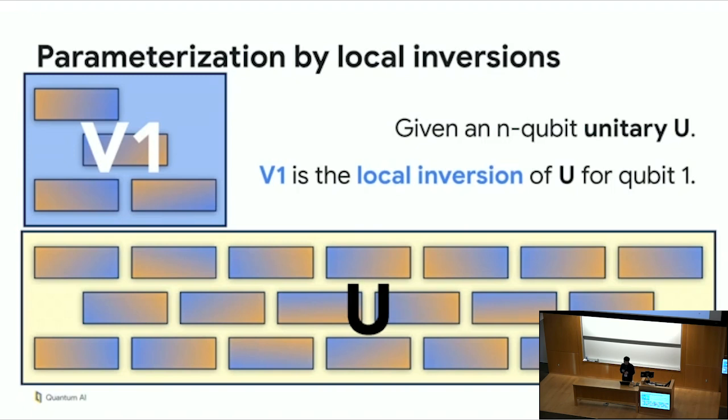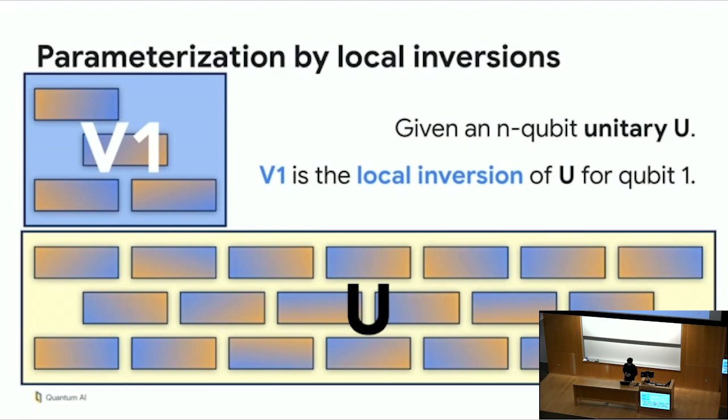Another important property that we're going to utilize here is that when the unitary U is a shallow quantum circuit, as shown here, it's not hard to see that there always exists a local inversion that only acts on a small number of qubits, like a small unitary, such that it would locally invert the first qubit.